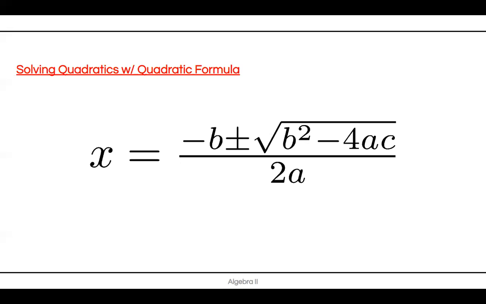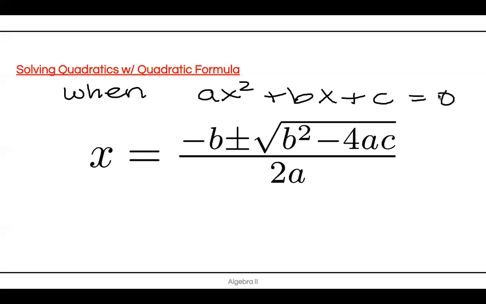Now, something that is not on here that I'm going to add is this should say when ax squared plus bx plus c is equal to 0, then x is equal to this. So it has to be in standard form, ax squared plus bx plus c.